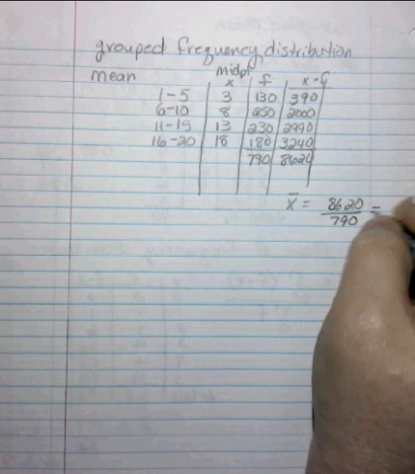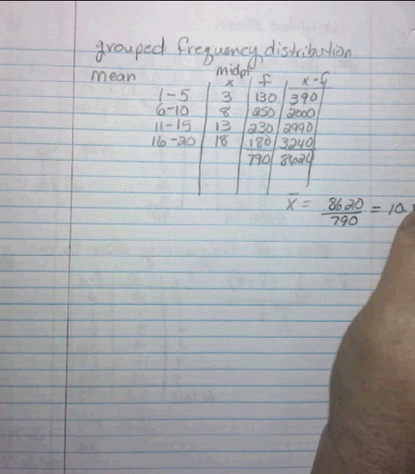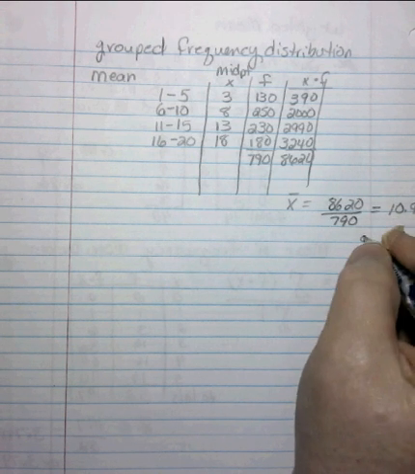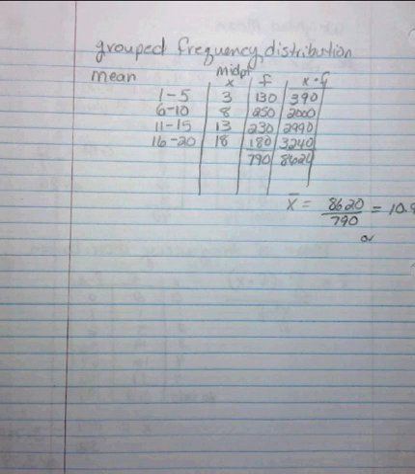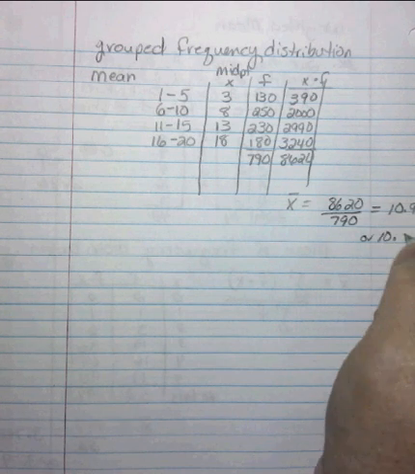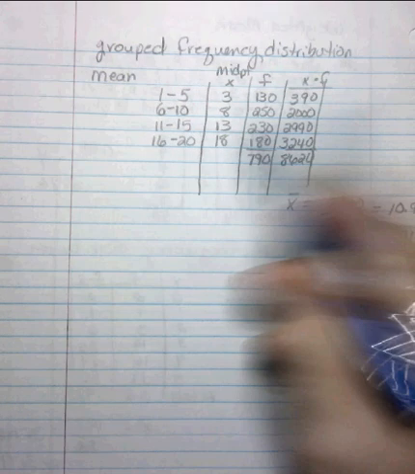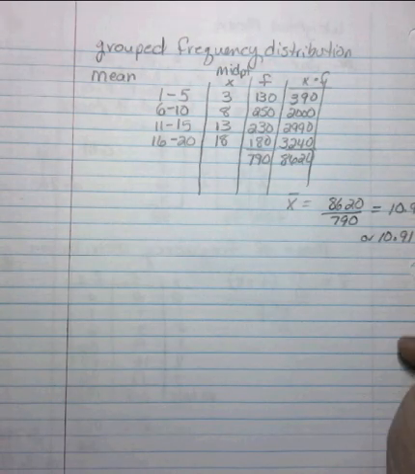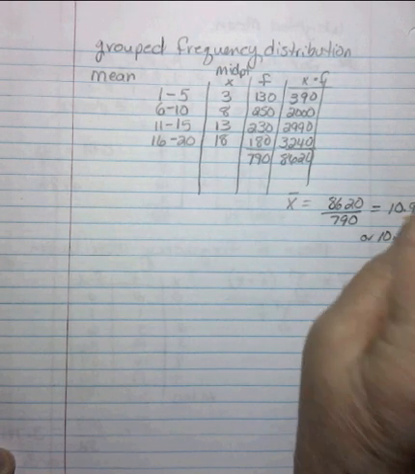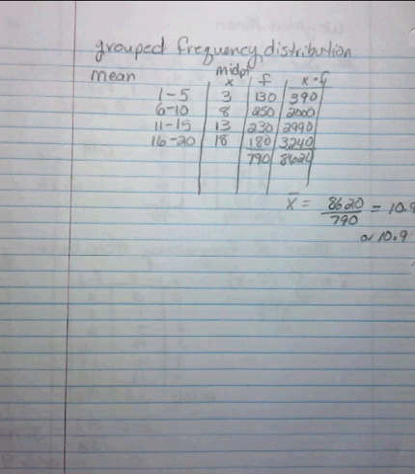And so that gives us our value, 10.911, rounding to 2 decimal places, 10.91. If we're following our rounding rule, since these were all whole numbers, we're really only rounding to the tenths place there. So that should be 10.9.